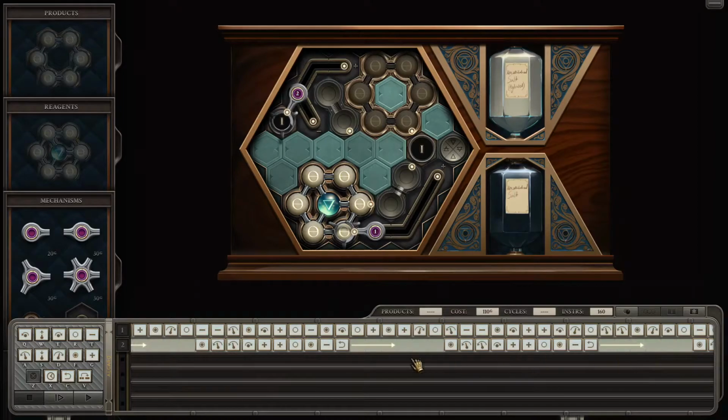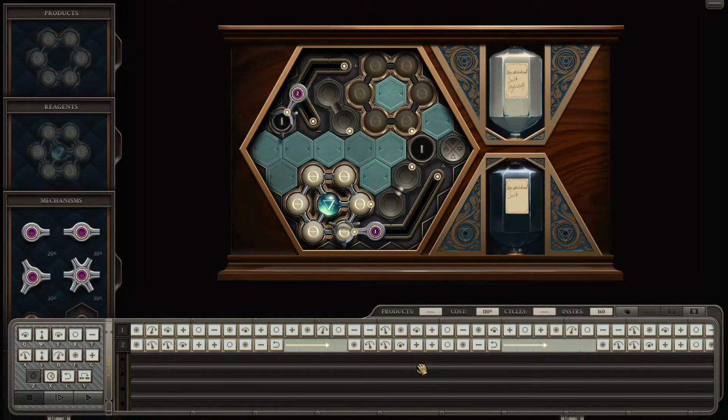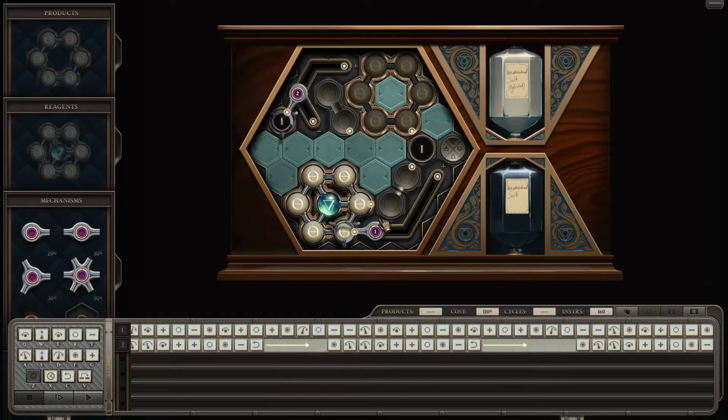So every time you release something into the conduit, for most of these, I can replace the right with a plus. But then I'm going to need a minus and a left. Well, no, hang on.